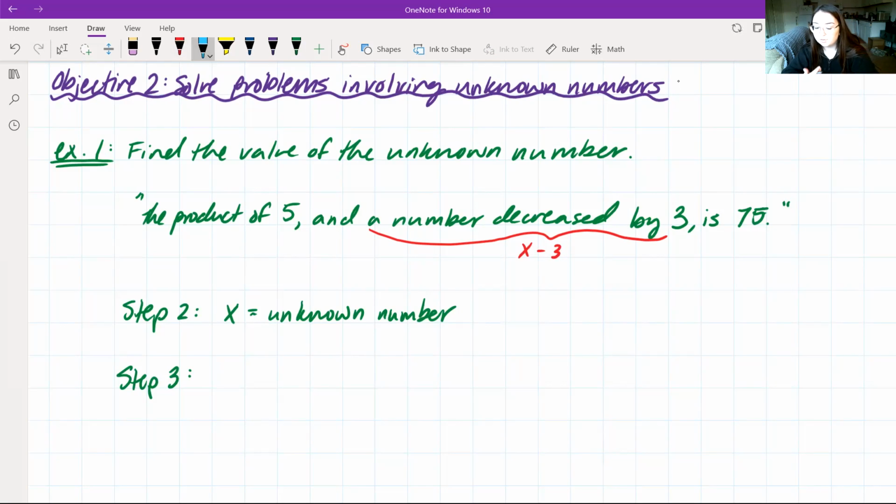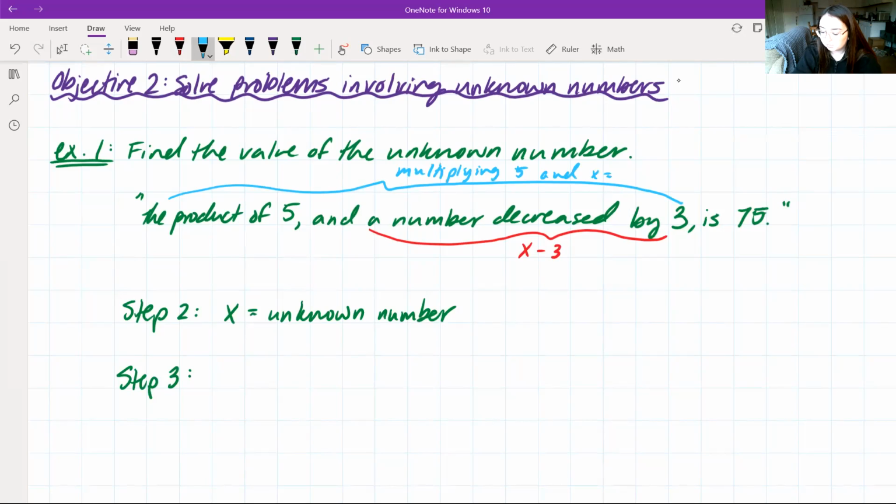Then with the product of 5, we're looking at multiplying 5 and x minus 3. And then is 75, this is equal to.